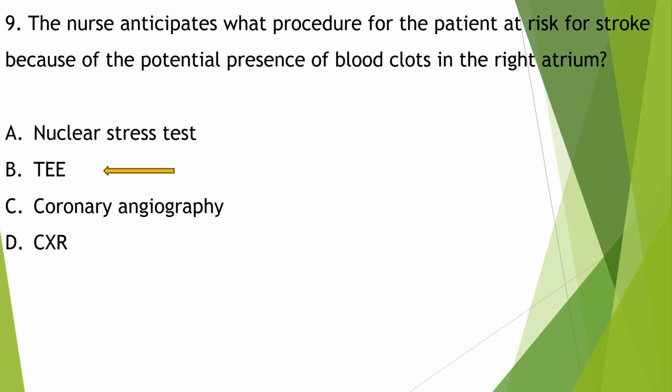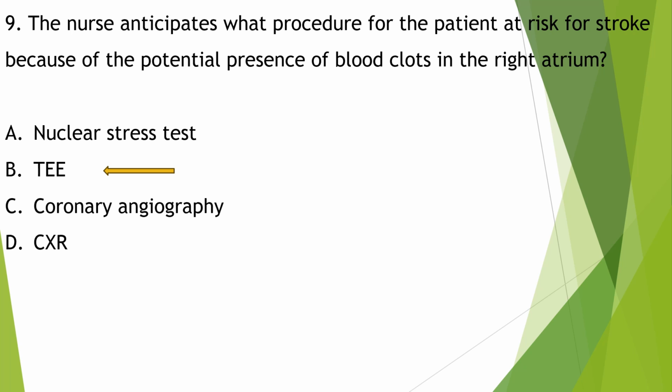TEE can identify the presence of clots in the atrium, which can be a risk factor for stroke. And it also provides valuable information about the posterior aspect of the heart, such as the left atrium.